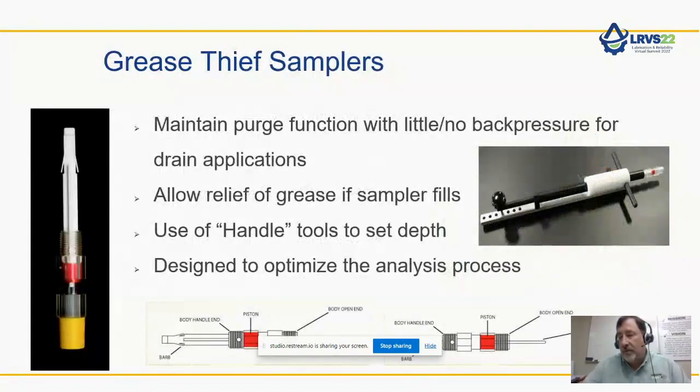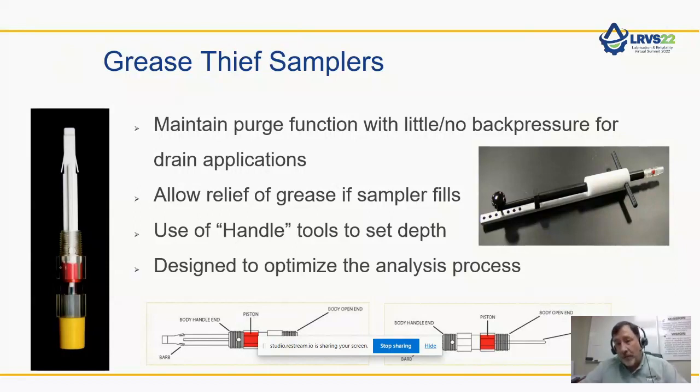So over time, this has been addressed and continues to evolve through the development of samplers. And there are samplers available that have been available for more than 10 years now that aid in this process. There are designs that maintain a purge function for grease with little or no back pressure for drain applications.